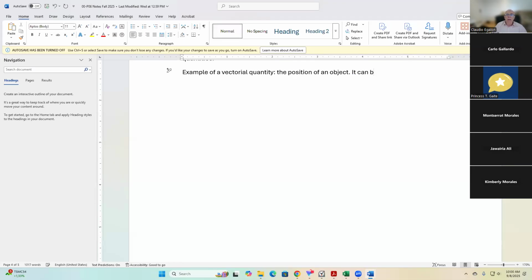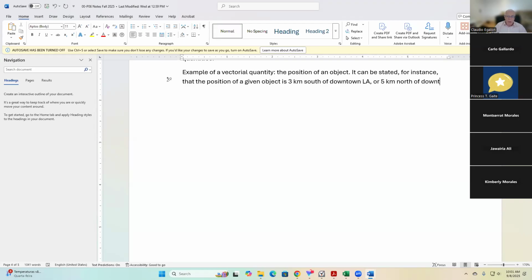It can be stated, for instance, that the position of a given object is 3 kilometers south of downtown LA, or 5 kilometers north of downtown LA.